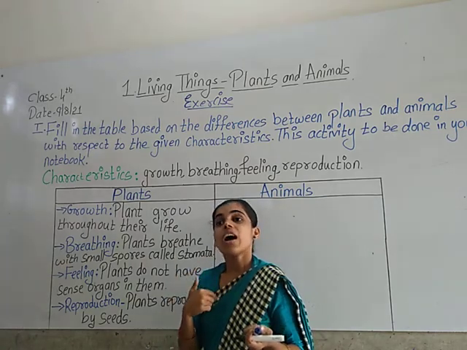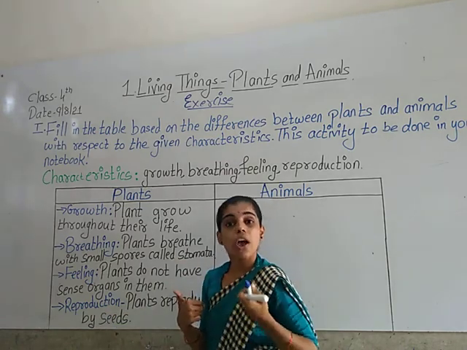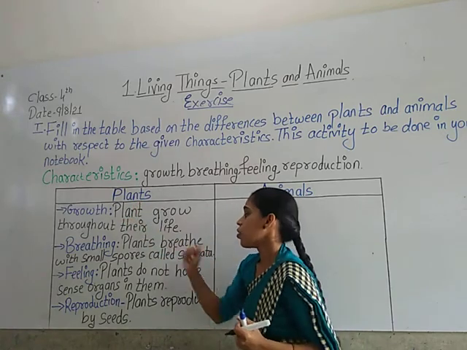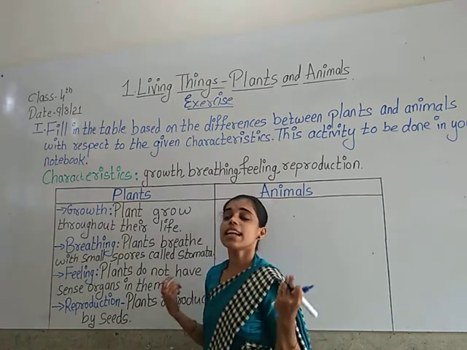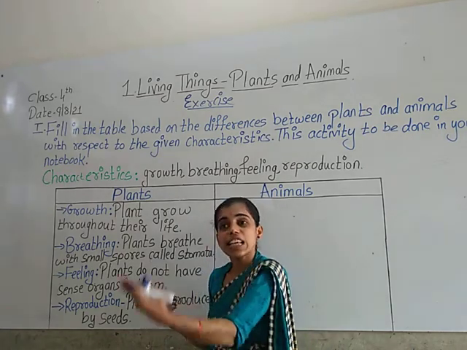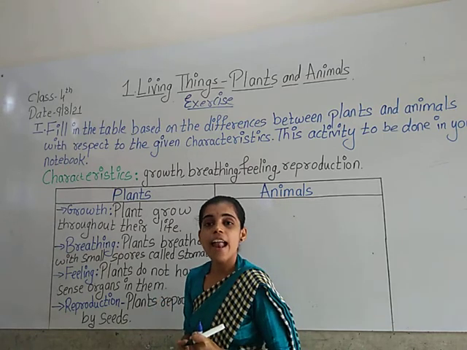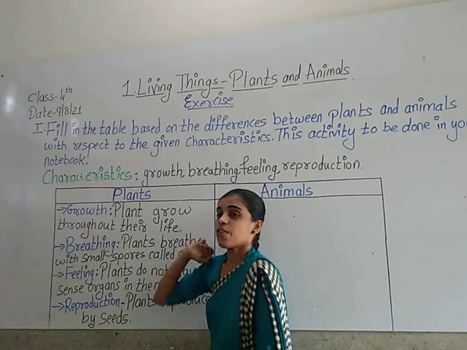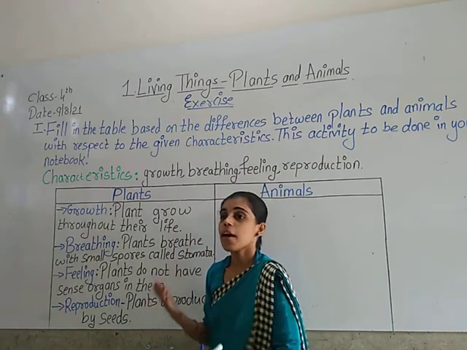We take the oxygen inside and we leave the carbon dioxide. But in the plants it is opposite. So plants take the carbon dioxide inside and leave out the oxygen air in the environment. Next one is feeling. Feeling means the sense organs, senses.